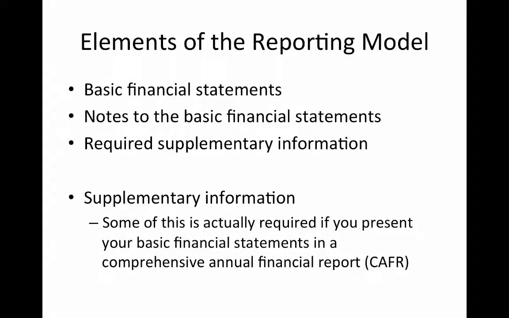There also may be some supplementary information that is required only if a government is presenting its basic financial statements in a comprehensive annual financial report. Then there's some information both that precedes the basic financial statements and comes after the required supplementary information if you're preparing a CAFR.